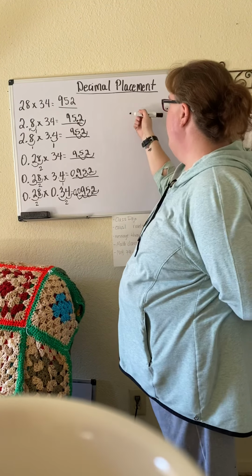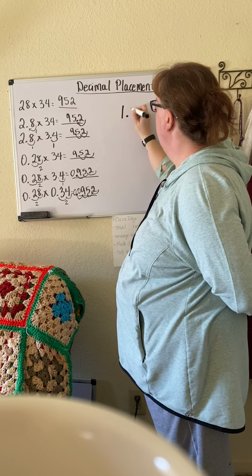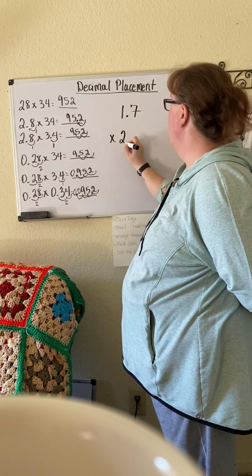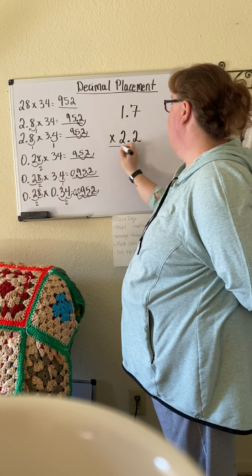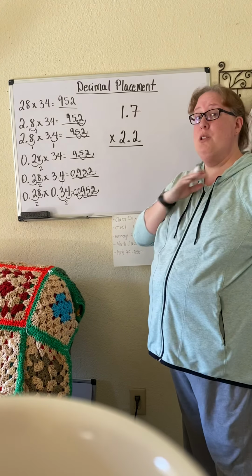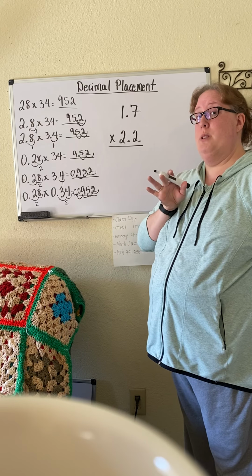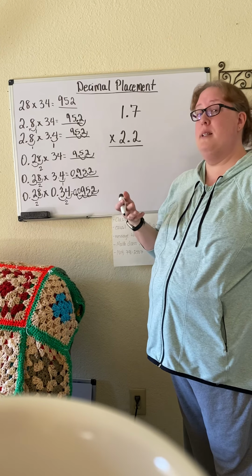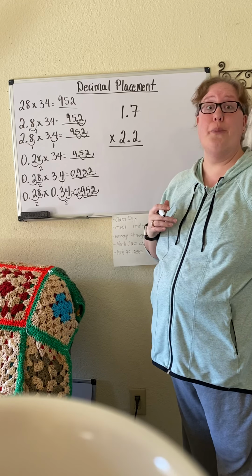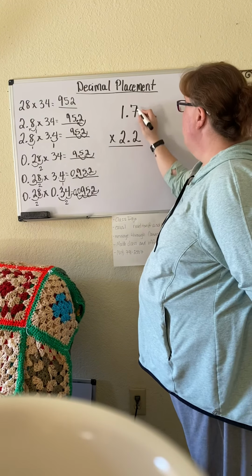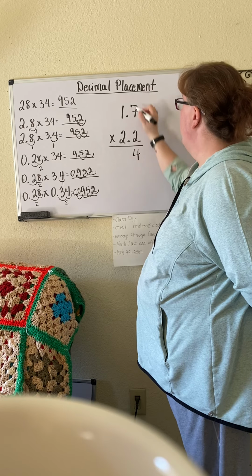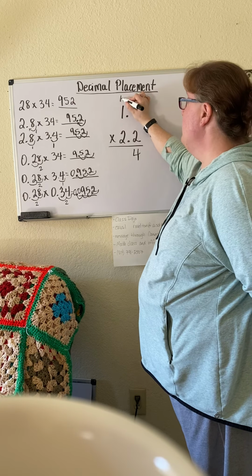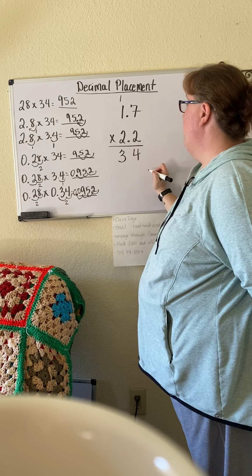Let's say that this time I have 1 7/10, and I want to multiply that by 2 2/10. Okay, I'm just going to forget about those decimal points right now. I will deal with the decimal afterwards. I'm going to pretend that this is 17 times 22. 2 times 7, 14. 2 times 1 is 2, plus 1 is 3.